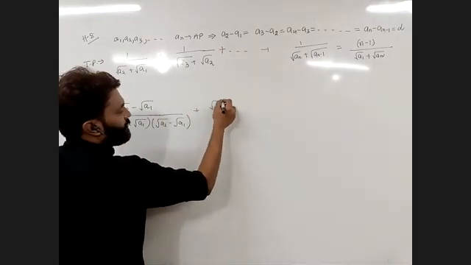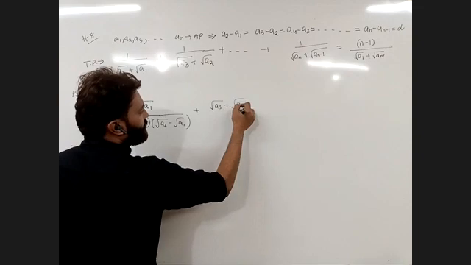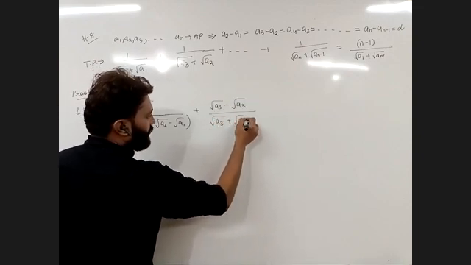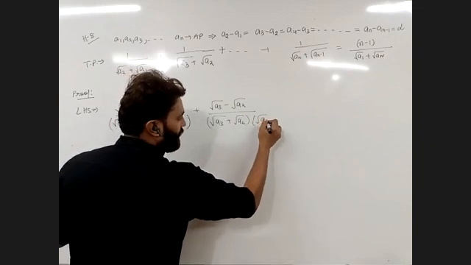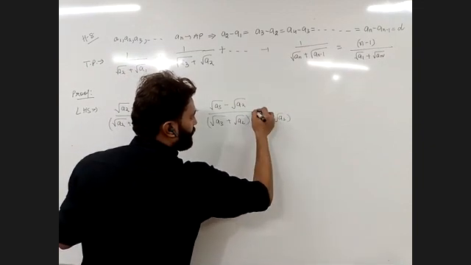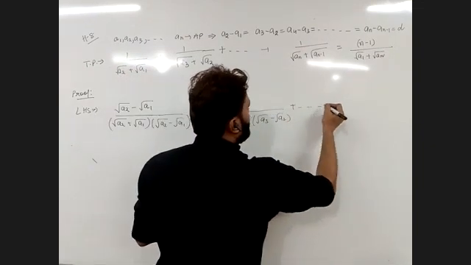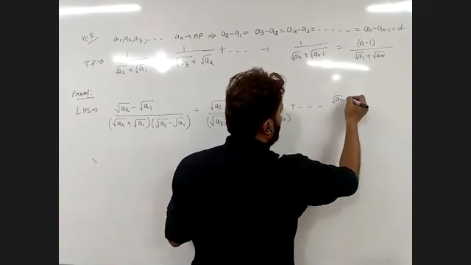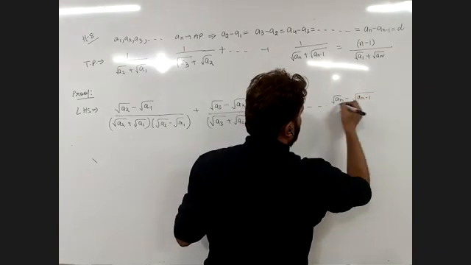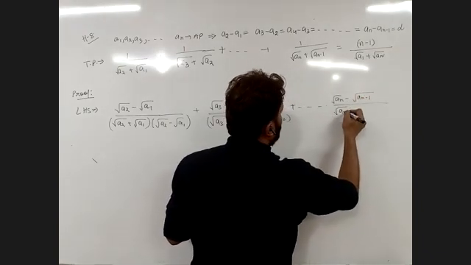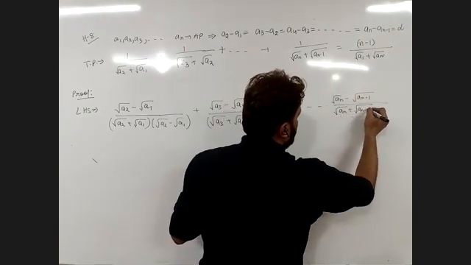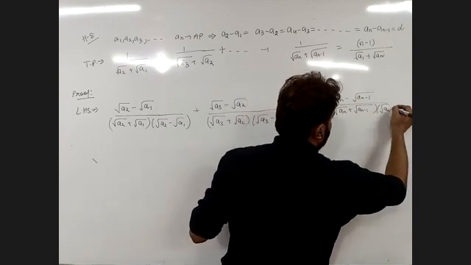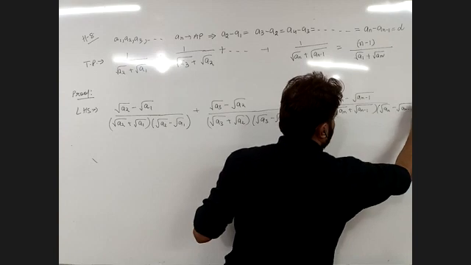Same thing for this, root a3 minus root a2 whole upon root a3 plus root a2 into root a3 minus root a2, and so on. When we rationalize this, it will be root an minus root an minus 1 upon root an plus root an minus 1 into root an minus root an minus 1.